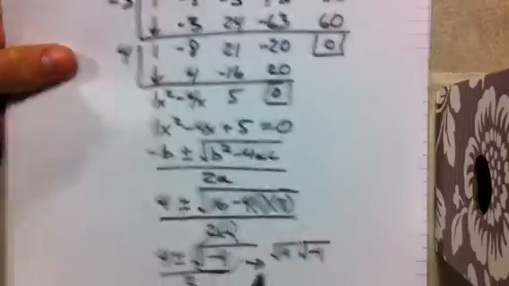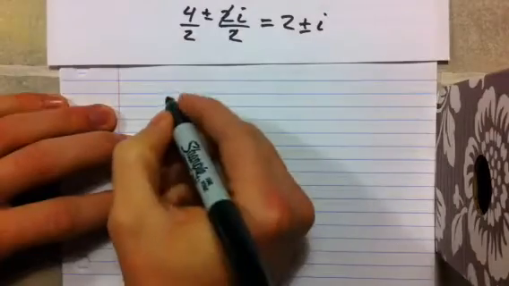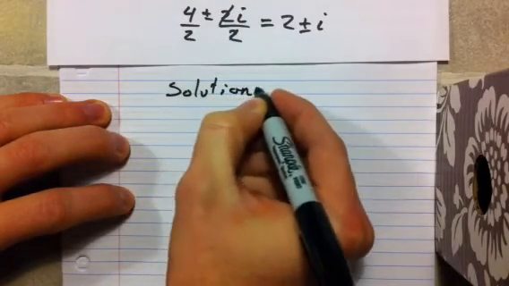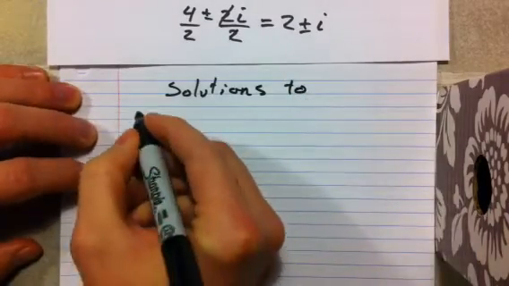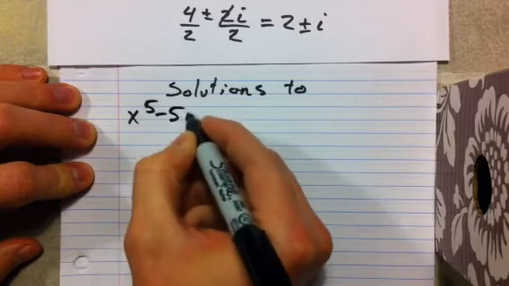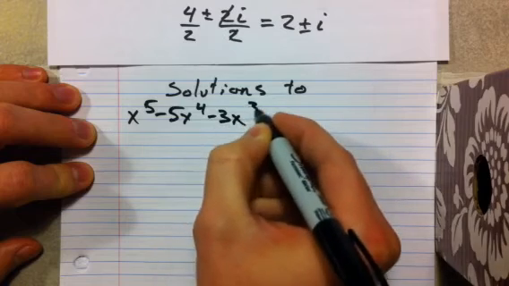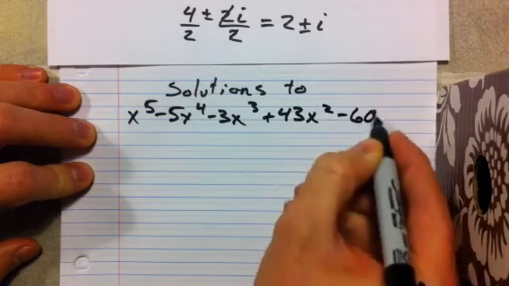And so if we go back now, we can just write out all the solutions to x to the 5th minus 5x to the 4th minus 3x cubed plus 43x squared minus 60x.